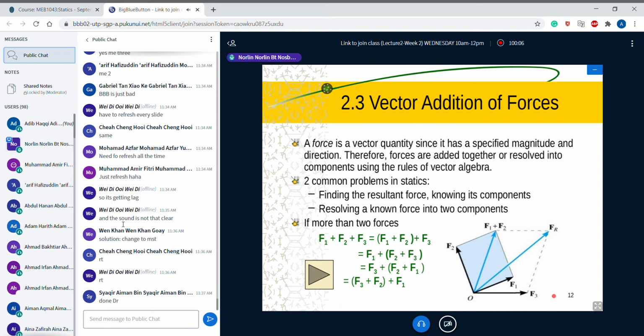So it is much easier. So at the end, you can find the resultant force. Is it clear?